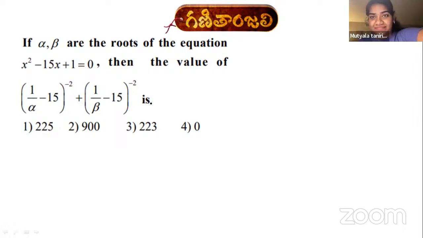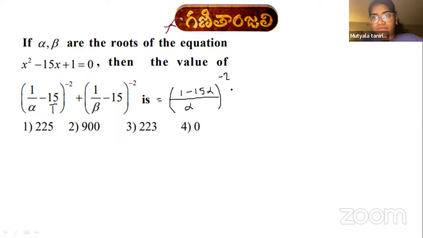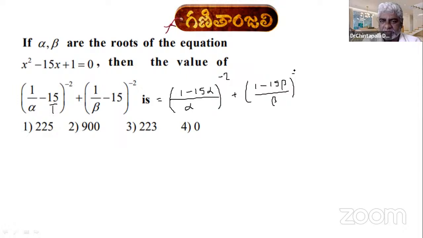Let us first simplify. Taking LCM, it is (alpha by 1 minus 15 alpha) whole to the power of negative 2 plus (beta by 1 minus 15 beta) whole to the power of negative 2. You know one thing, A plus B is the same as B plus A.